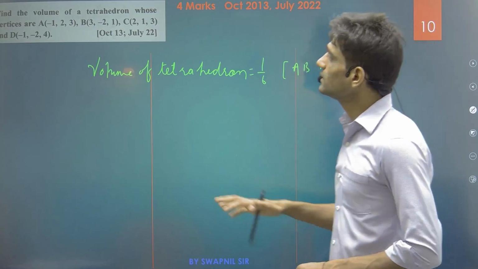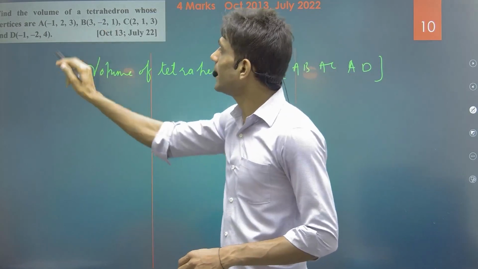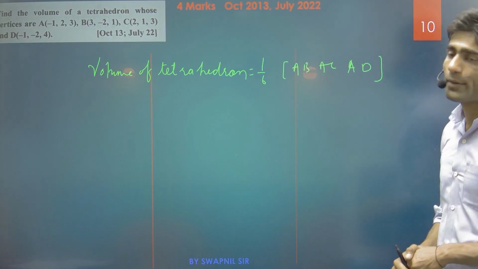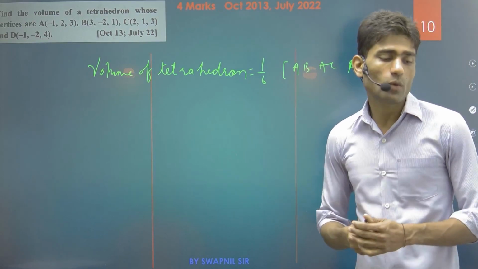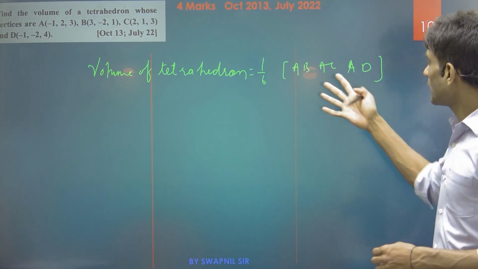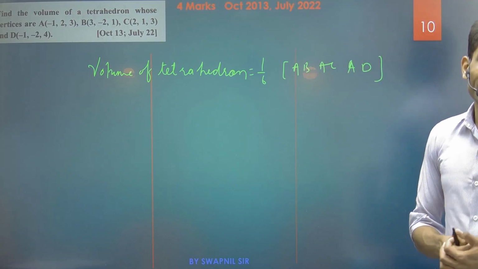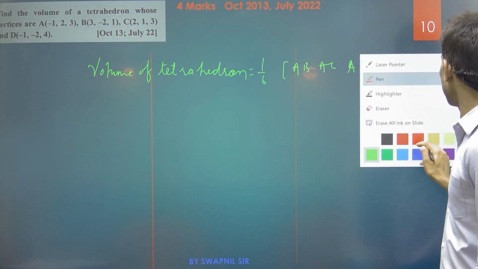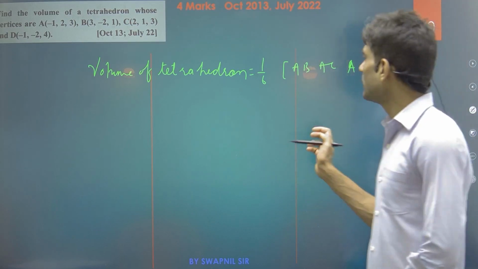These three are the line segments AB, AC and AD for finding the volume of a tetrahedron. Using this we have to define a 3 by 3 matrix. Let's first find the values of AB, AC, AD, then I will explain how we can define the determinant.